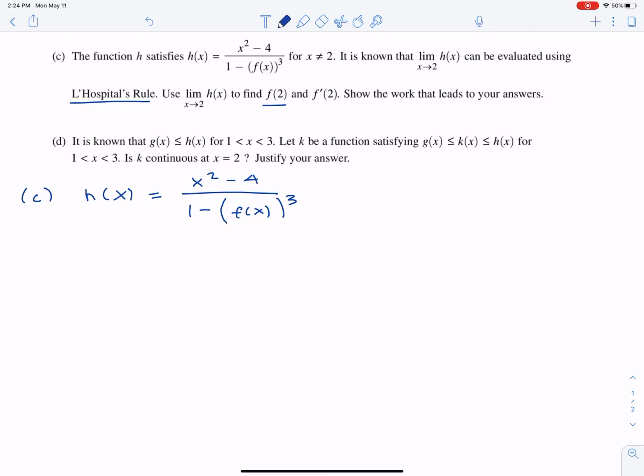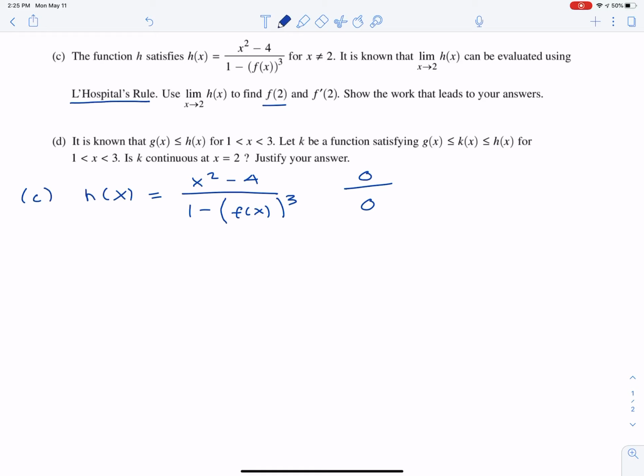Agreed? So if L'Hopital's applies, and we're trying to find this at x equals 2, then if I plug 2 into the numerator, I get 2 squared minus 4, which is 0. So the denominator, in order for L'Hopital's to apply, also has to equal 0.